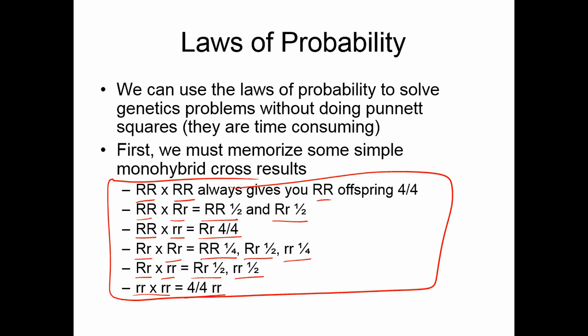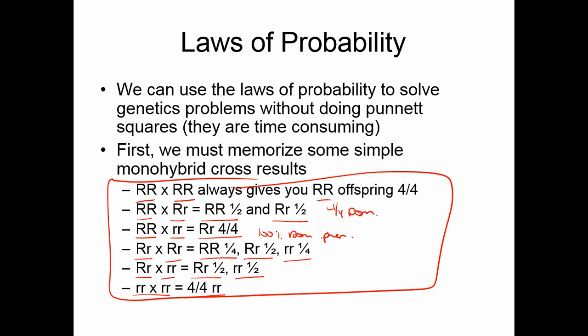Also be able to figure out the phenotypic probability of these. So this is always going to give you 100% dominant phenotype. This is always going to give you 100% dominant phenotype, right? It's going to give you the dominant. And we could use any letter here. We don't have to use R. We could use A, we could use B. The letter just usually correlates to the trait we're talking about, and here we're just generalizing dominant versus recessive.